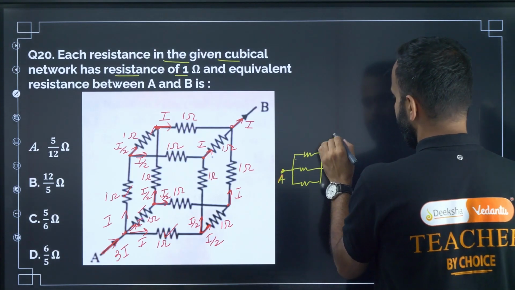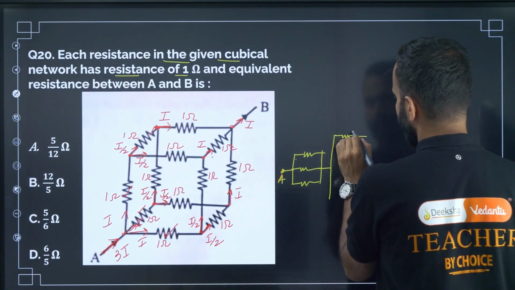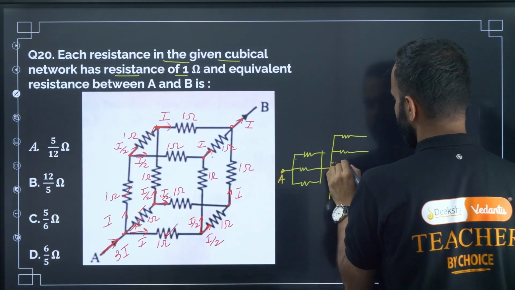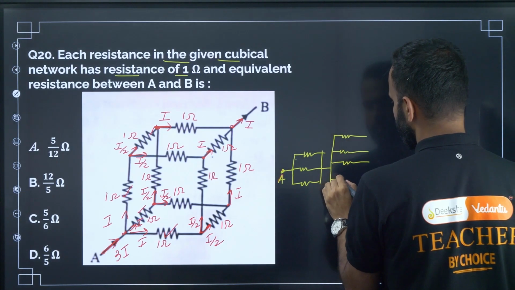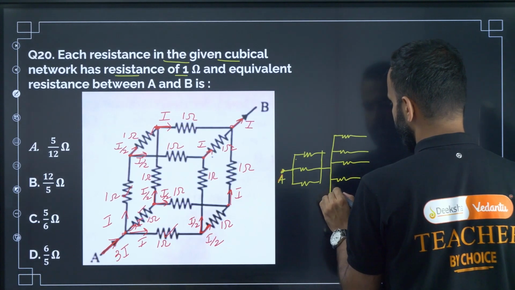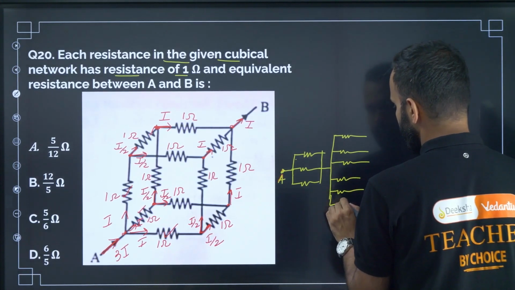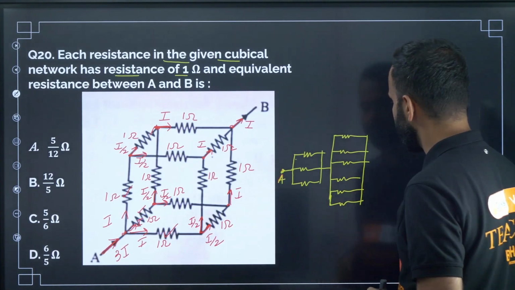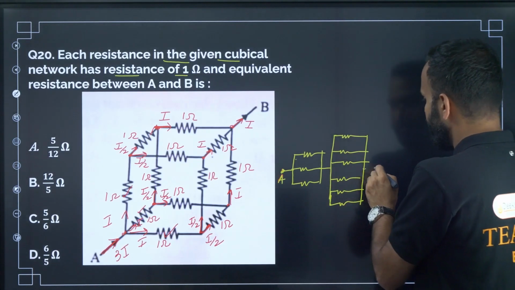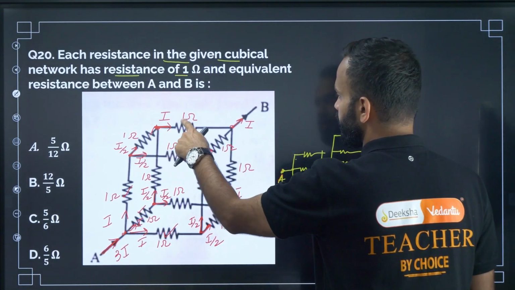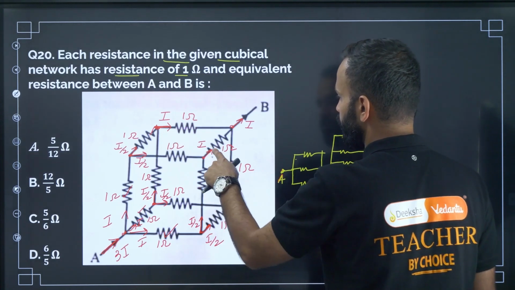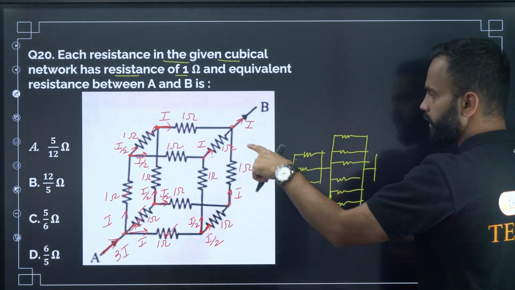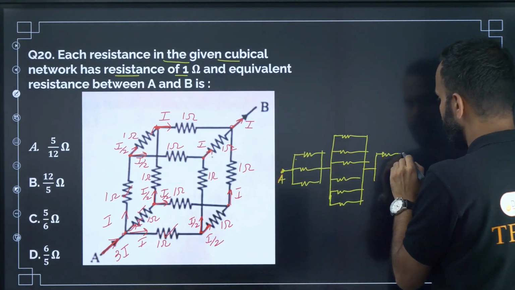So this will be 1 ohm, 1 ohm, 1 ohm, 1 ohm, 1 ohm and 1 ohm. All of them are in parallel. Then again, these three resistors, that is 1 ohm, 1 ohm and 1 ohm, are in parallel because the potential difference across each resistor is the same.